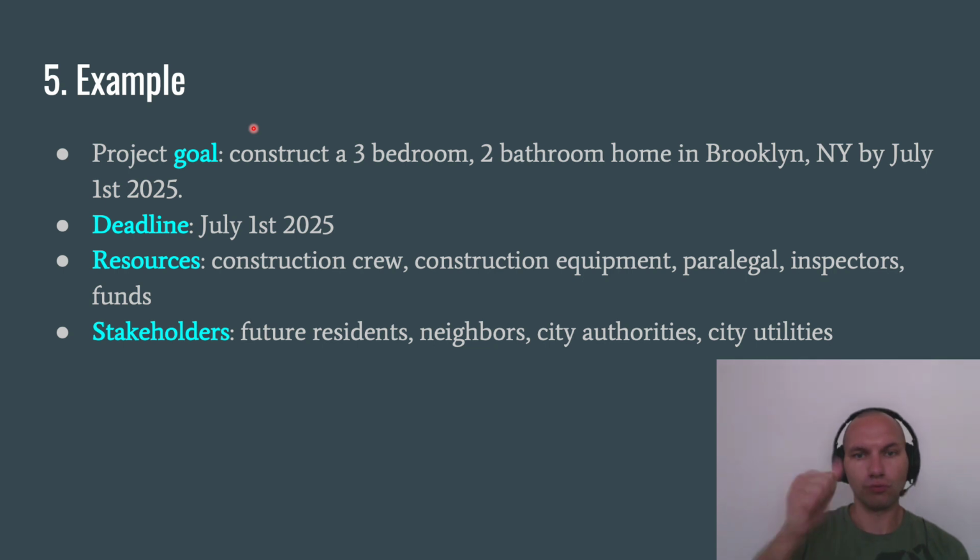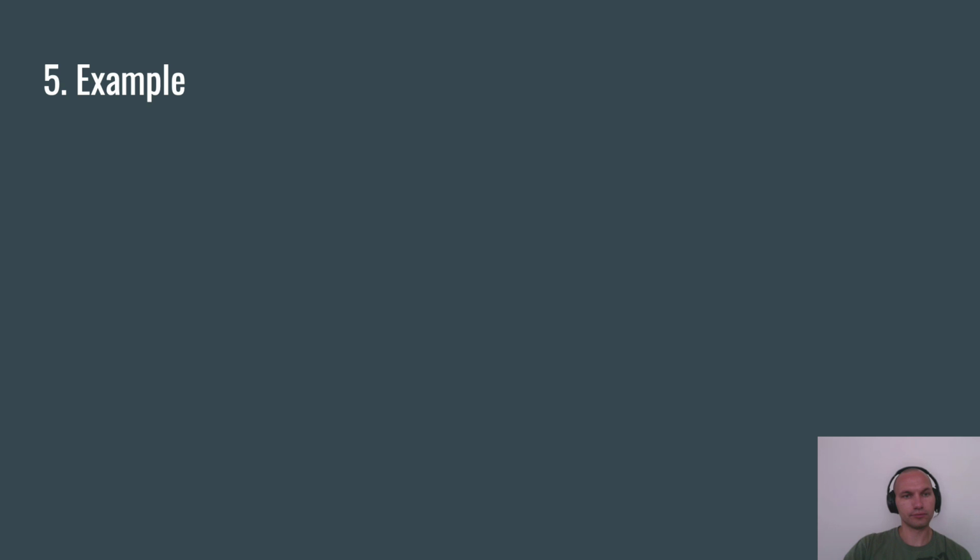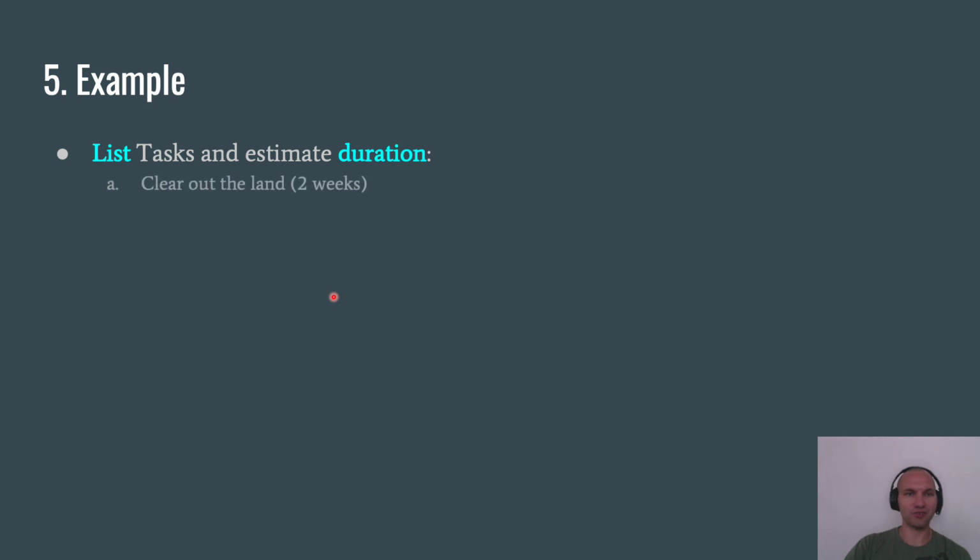So we identified the goal, we set up the deadline, we figured out what our resources are, and then what our stakeholders are. And the next step would be to list those tasks and estimate their duration.